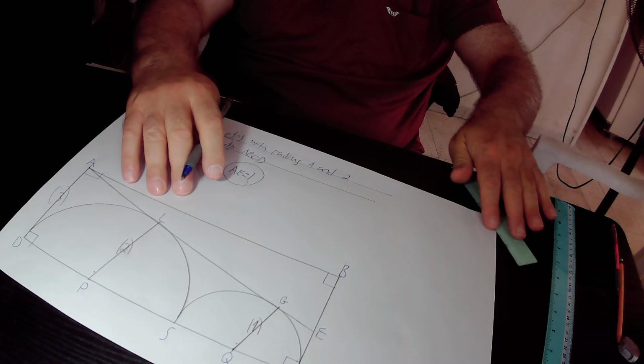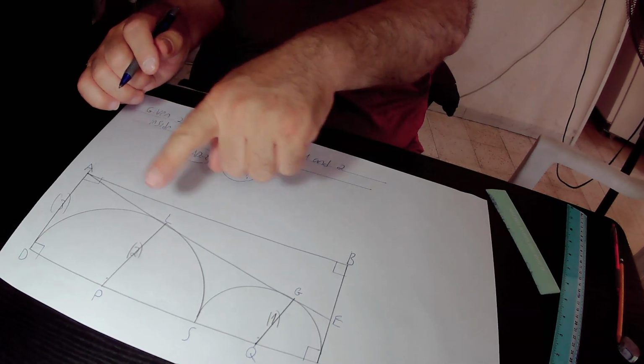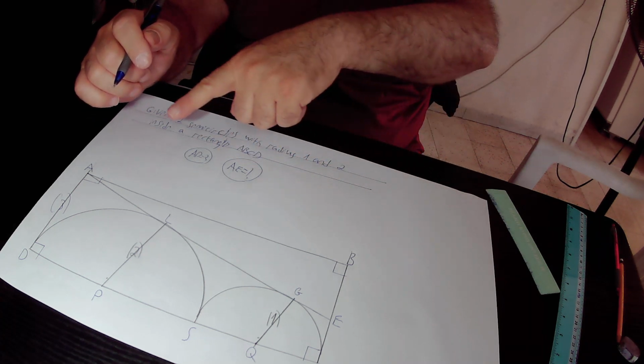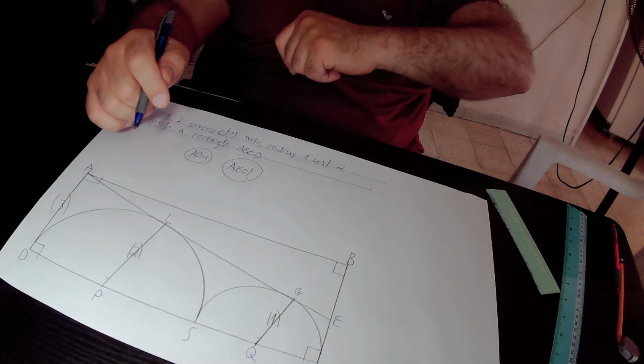In the next step, we will do a construction. That is to say, we will extend side DC of the rectangle and side AE by a straight line until they touch each other.